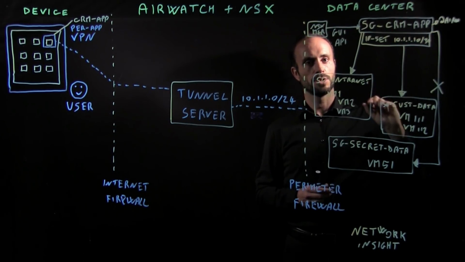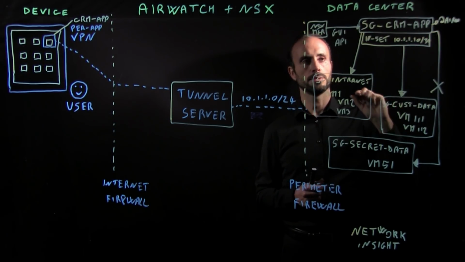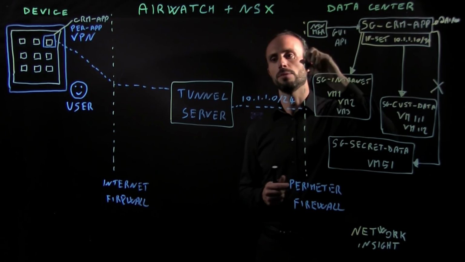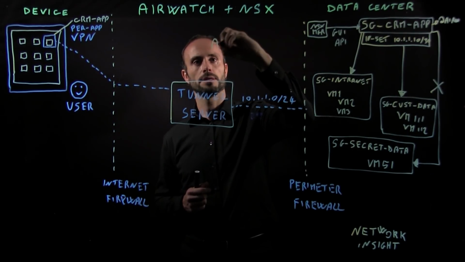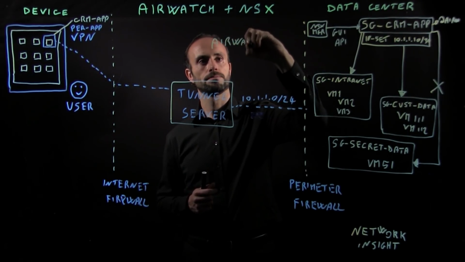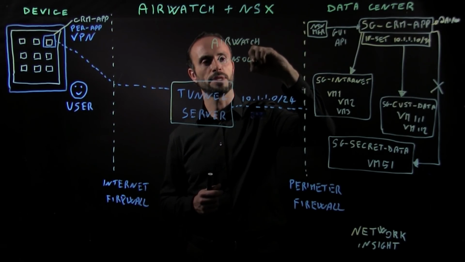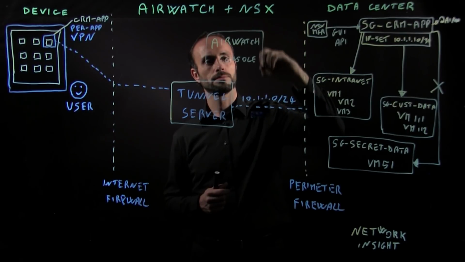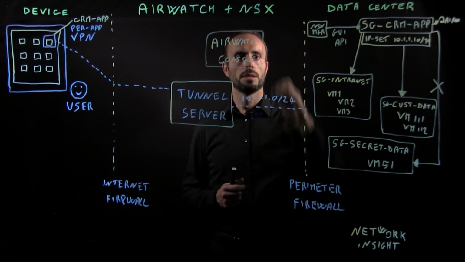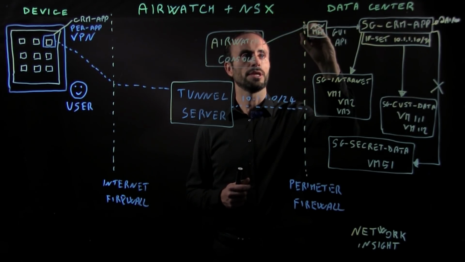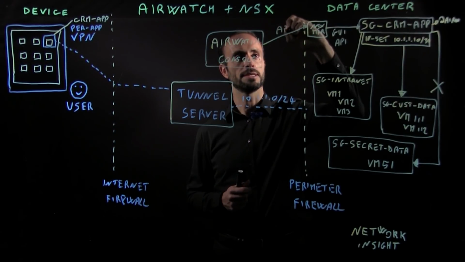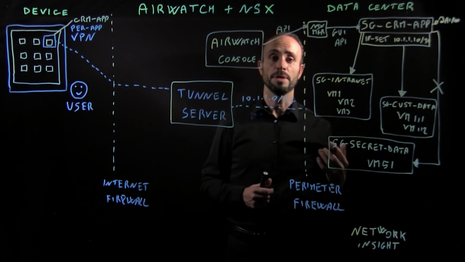Thanks to this small tag, we are going to have this group available for the Airwatch console manager. The Airwatch console manager will communicate with the NSX manager through API calls.